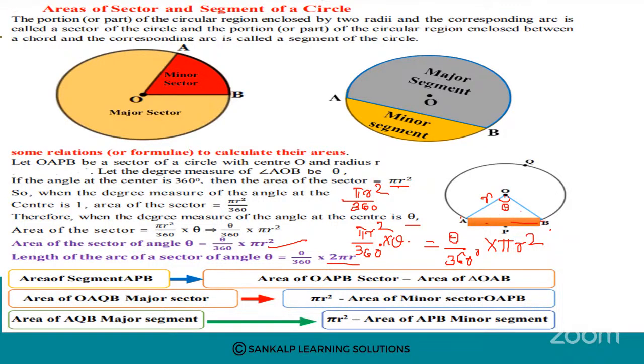Area of OAQB, that means the major sector, can be calculated by pi r square, the total area of the circle, minus the area of the minor sector OAPB. Area of AQB, the major segment: APB is the minor segment, and the major segment can be calculated by pi r square minus the area of the minor segment APB. Remember.